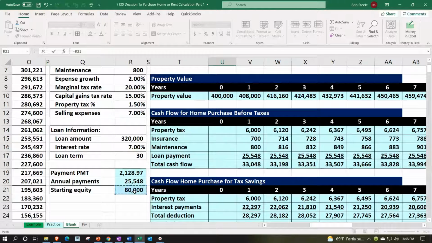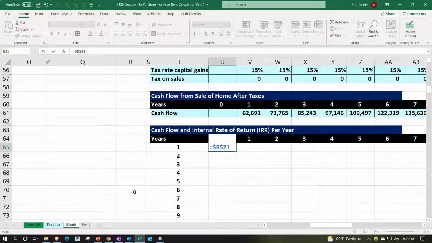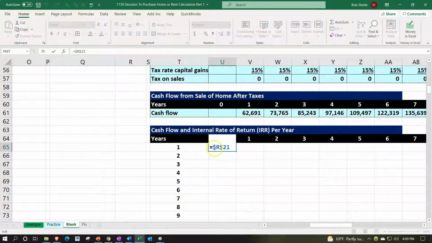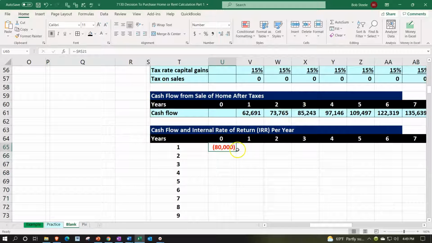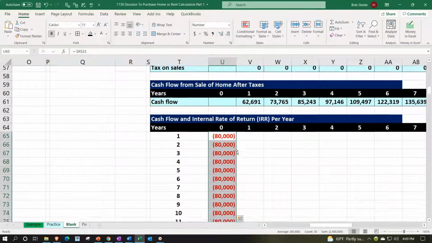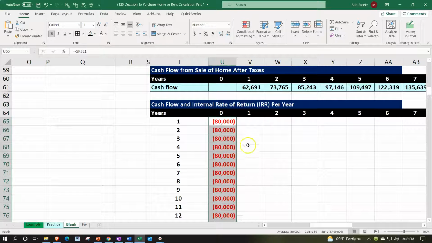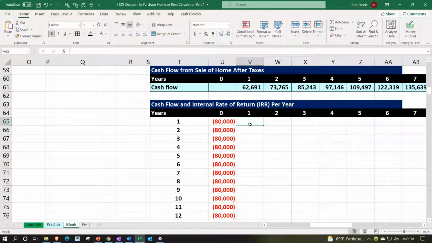So I'm going to press F4 and copy that $80,000 all the way down, because it's going to be the same for each year. And actually, I want to have it negative. Let's double click on it and put a negative. So there it is. Now let's copy it down, and I can just double click, and it goes all the way down here.